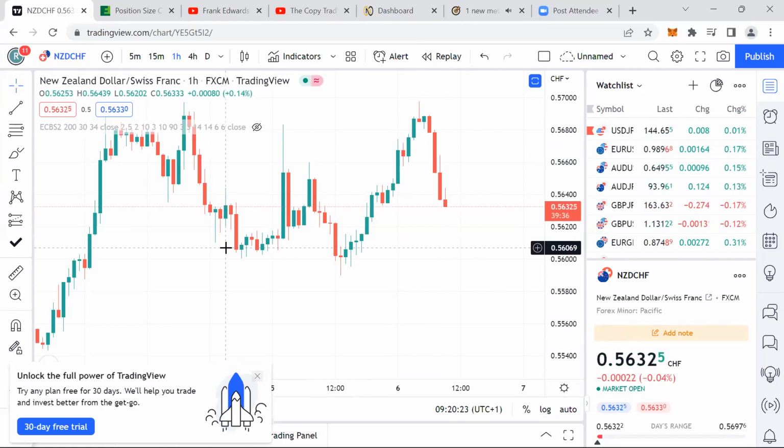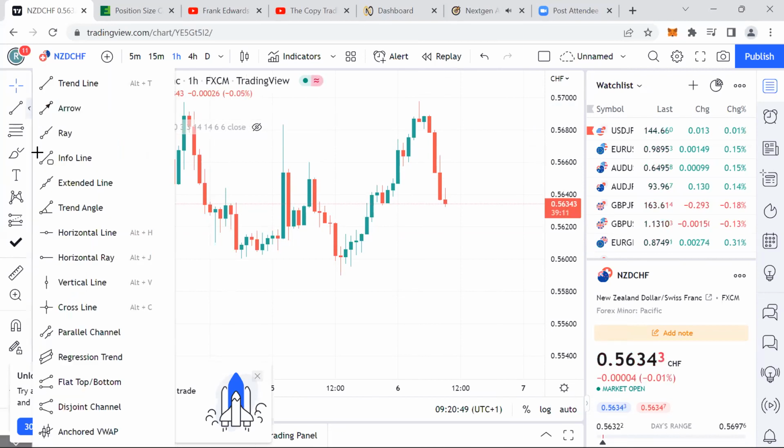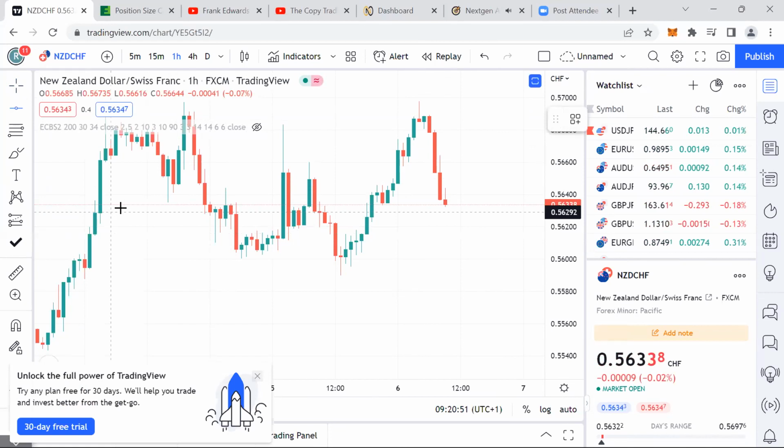So how do we mark up this support and resistance? I can give you the simplest way to do it. Some of you that have been around with us for a while, you know how we do it. That's what I tell people: once you know the fundamentals of trading, the strategy is just a combination of them.